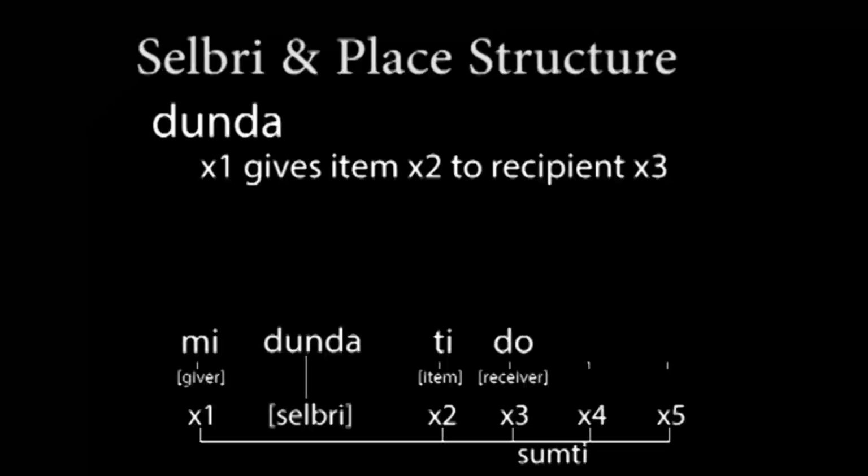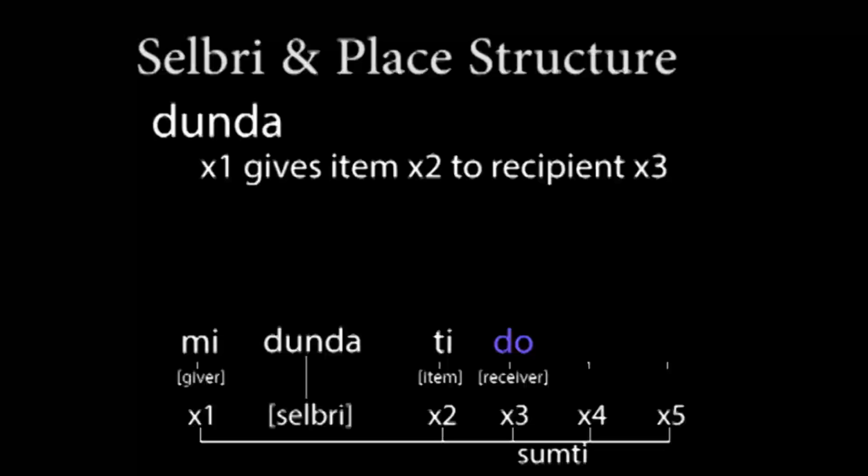If each bridi tells a story, then dunda always tells the story of some giver who relinquishes some thing to some secondary recipient. We then use sumti to fill in the roles with the actual objects we want to talk about. In this case, we can see that the giver in this story is mi, the speaker. The item being given is ti, this thing here that we can see.